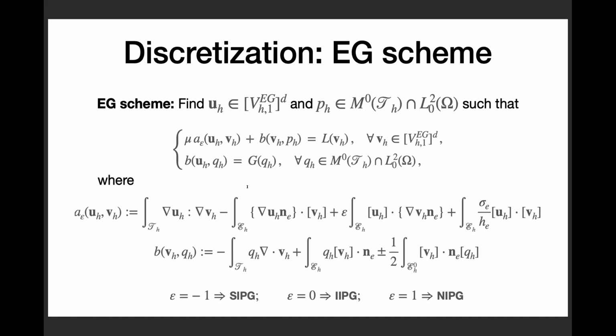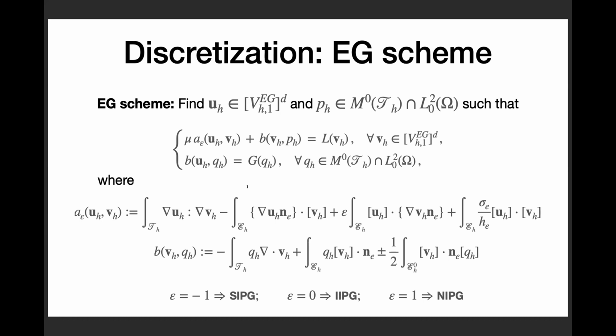For example, when epsilon is plus or minus one, we have the symmetric interior penalty Galerkin method. For epsilon equal to one, we have the non-symmetric interior penalty method. For epsilon equal to zero, we have the incomplete interior penalty Galerkin method.